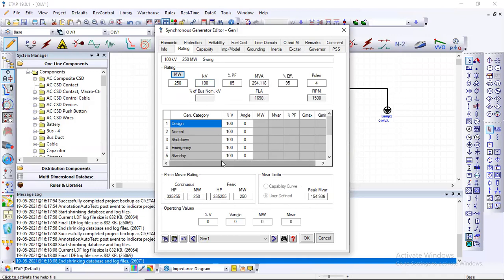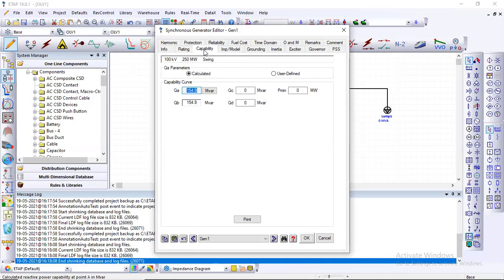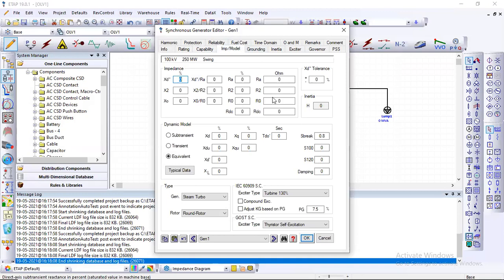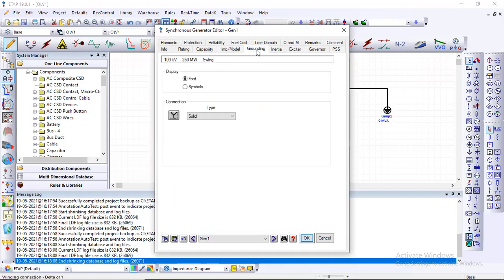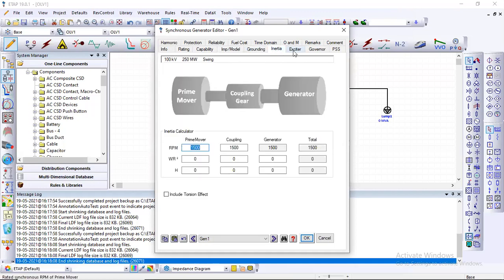Here, in more options, you can see the capabilities of the particular synchronous generator that you need to connect. Impedance model: you can set the percentage impedance, and all the aspects related to the generator's grounding. Inertia between the prime mover, coupling, and generator, these inertial factors you can place at this level.